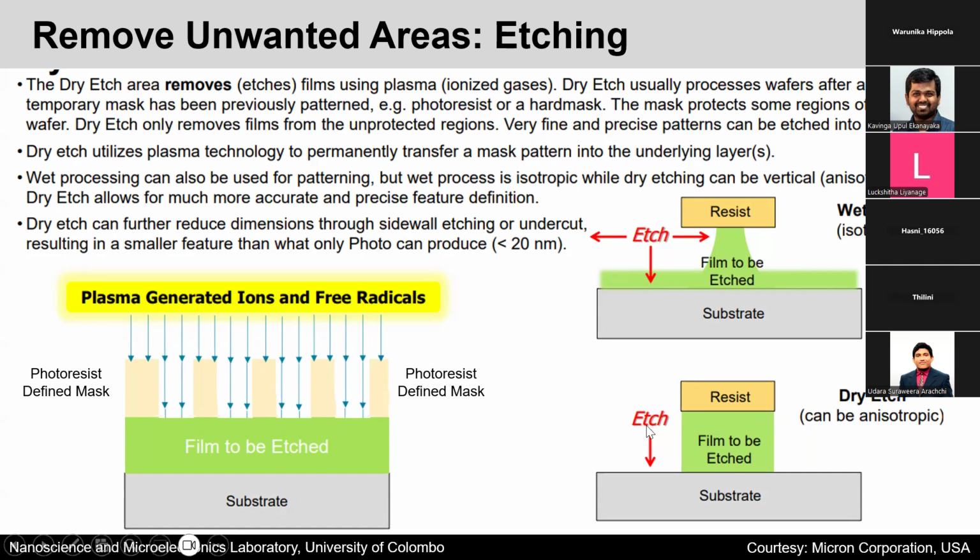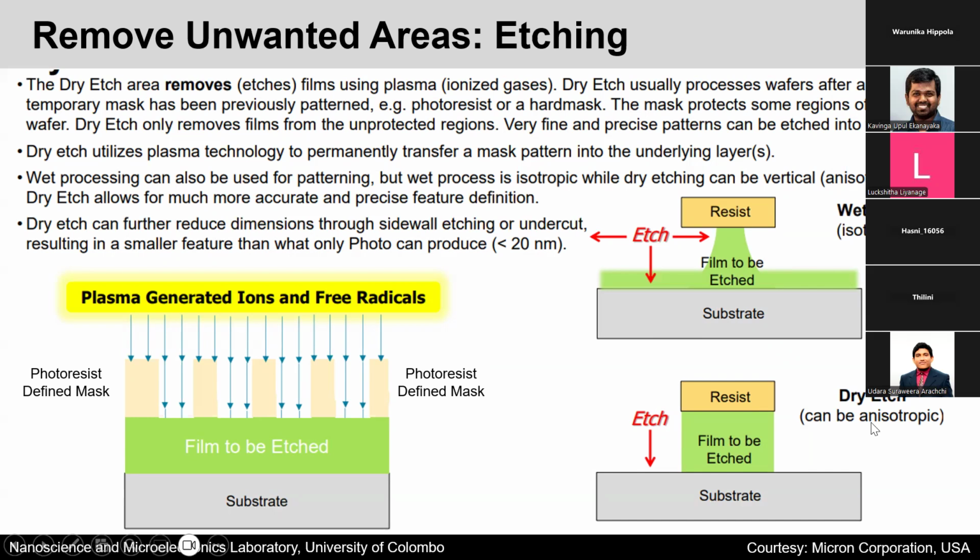But dry etching is actually done by putting this into another chamber that has very high energy ions or atoms, right? So these things are very directional. They come with high energy, they hit this film, and then they keep on taking the atoms from the film, and then we remove the resist, and then we have etched particular areas of the film.